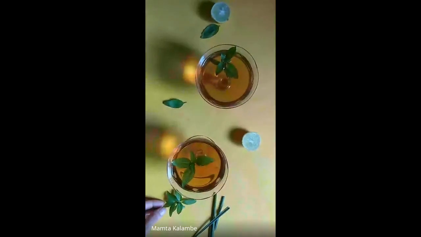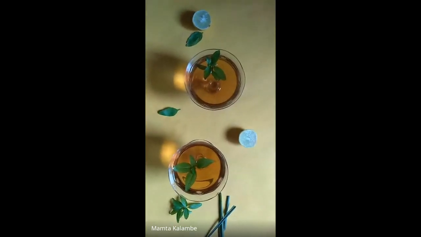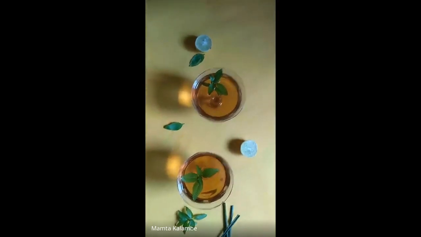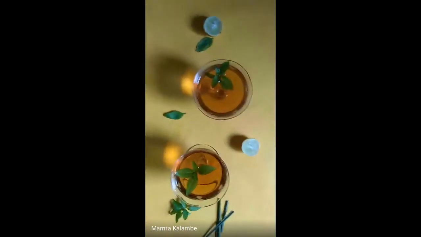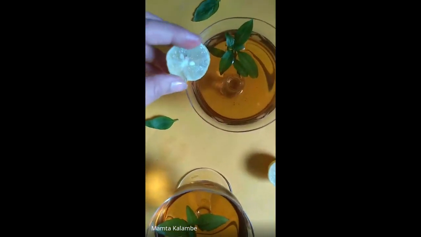Maybe somewhere on the sides. Now I could even add some lemons on the glass itself. There's a slight slit on the lemon, and then I'm going to place it on the glasses.